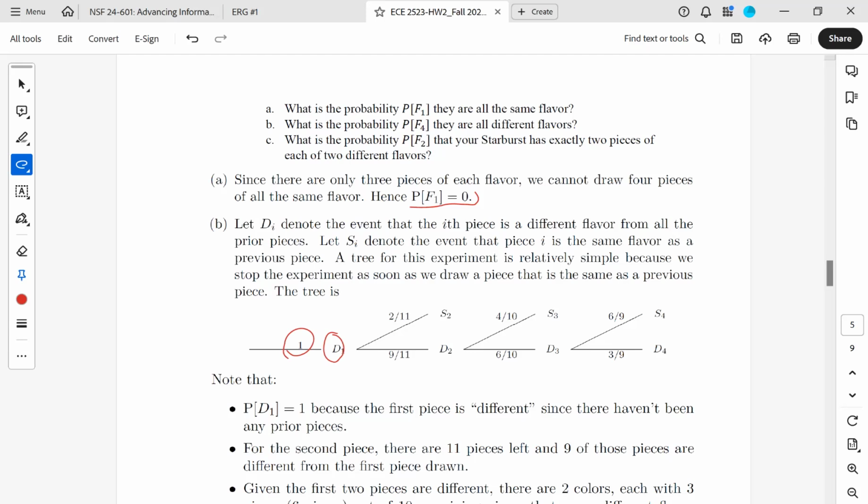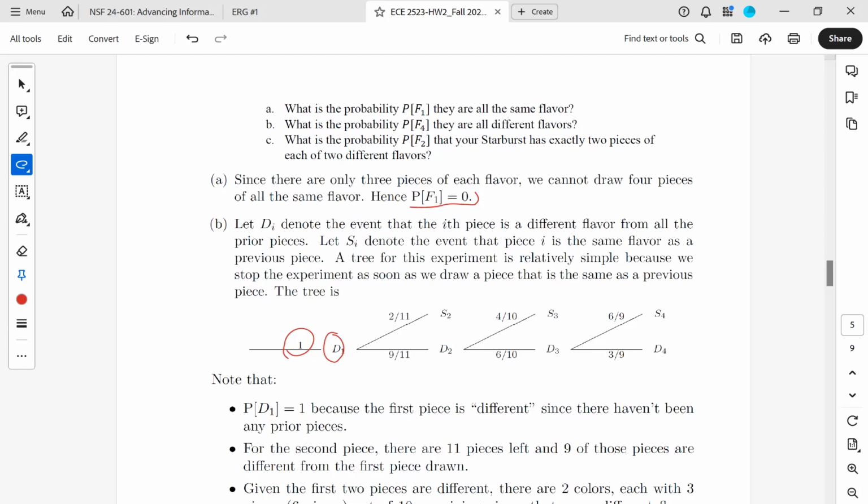Now, how many candy remain in our basket after the first draw? It's 11, right? And we don't want to pick the same flavor that we picked in the first draw. So our desired situation is the other three flavors that we didn't pick from. How many candy exist in the other three flavors?